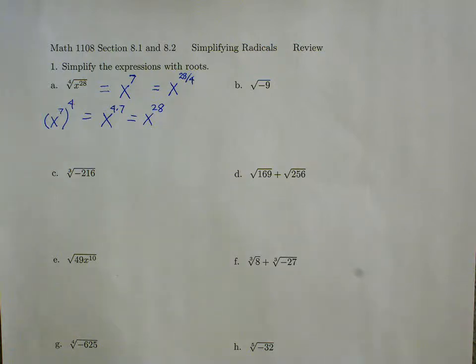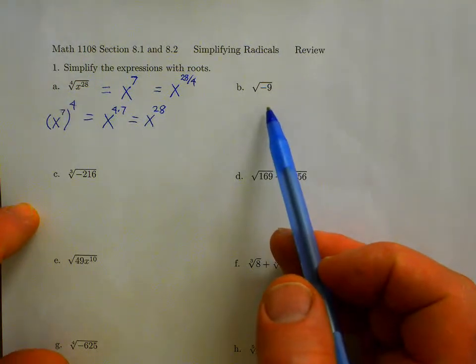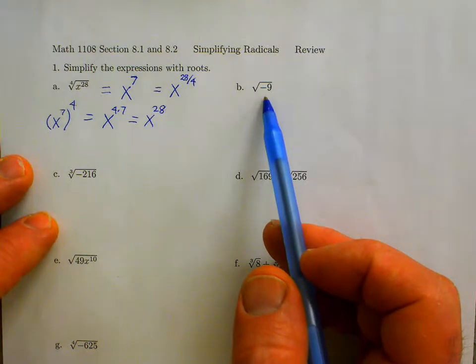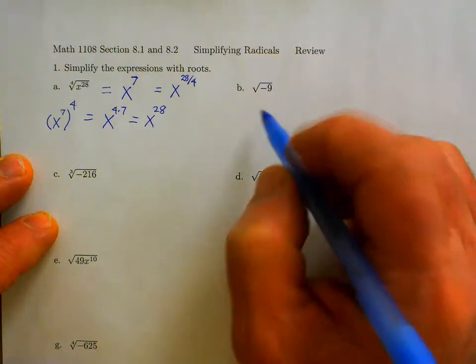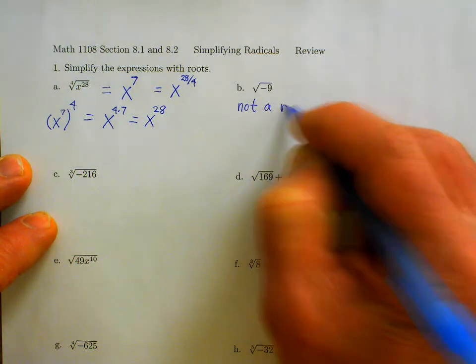Yeah, someone typed in 3i. That's true. We're not there yet. We're going to learn about that in a few days. But for now, we just say this number is not a real number.